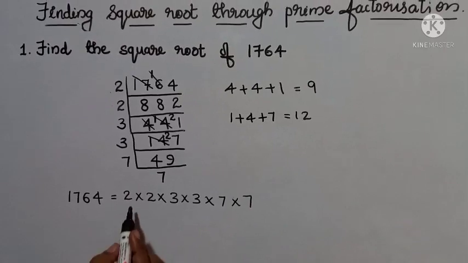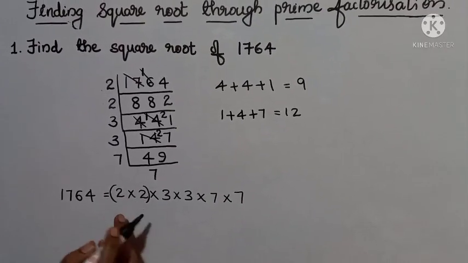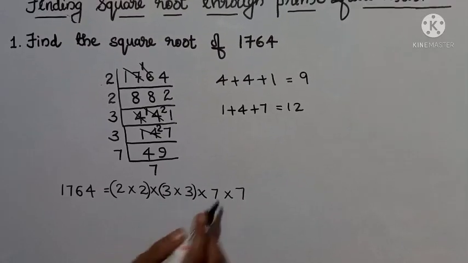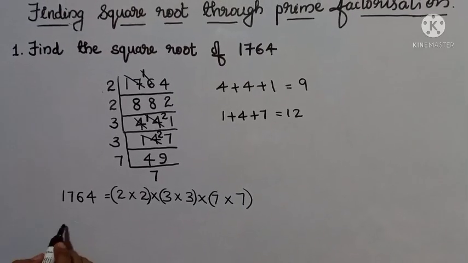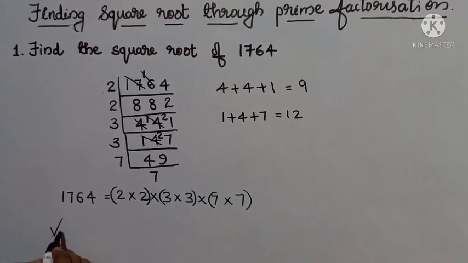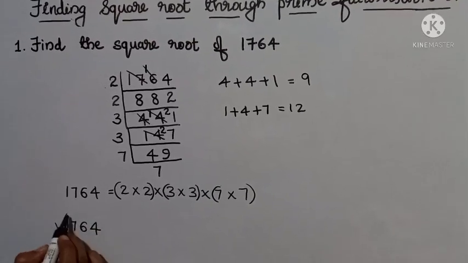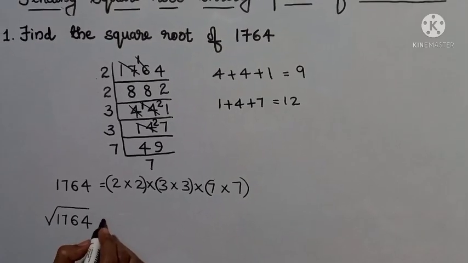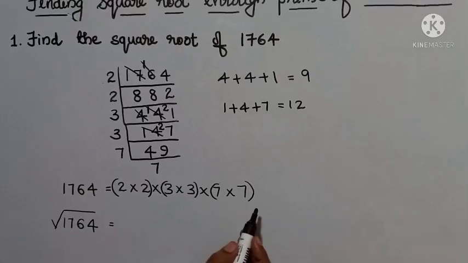The next step, we have to make these prime factors as pairs. 2's one pair we have got, then we have got a pair of 3, then another pair is of 7, and we have to find the square root of 1764. So we are writing square root of 1764 is equal to, we have to select one from each pair.